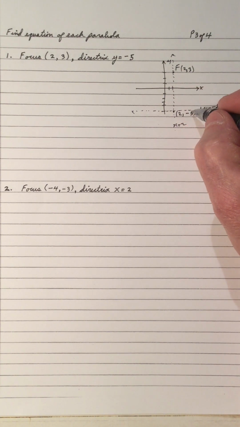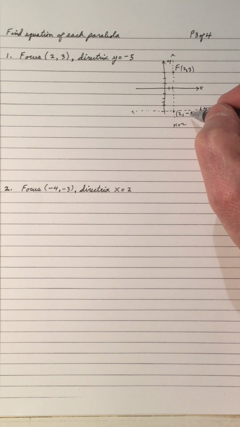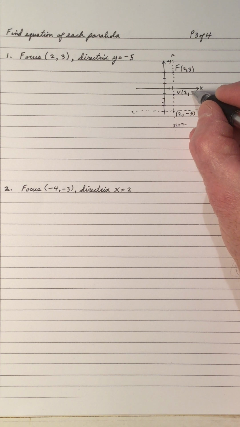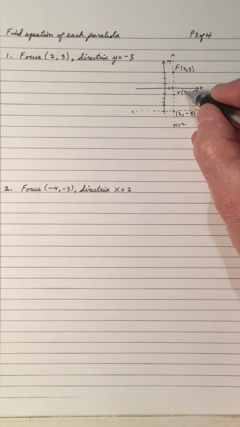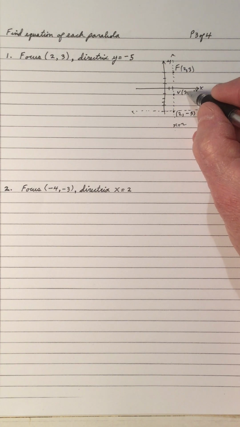Halfway between 3 and negative 5: add them up, you get negative 2, half of that is negative 1. So the vertex is at 2, negative 1. The midpoint: 2 plus 2 is 4, half of 4 is 2. Perfect. 3 plus negative 5 is negative 2, half of that is negative 1. So there's the vertex.